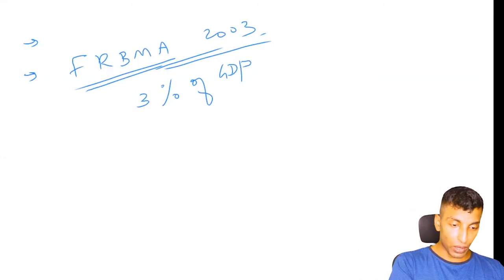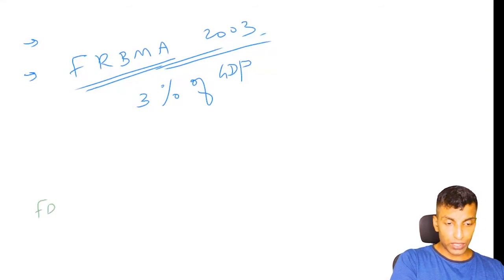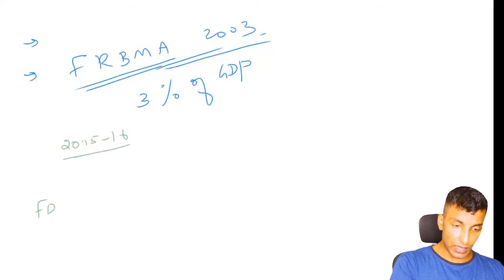I'll tell you how you will see this fiscal deficit. It's like this. First you will see the previous year. Let's say the previous year is 2018-19, or what I have data for is actually 2015-16. So this is how you will generally see.